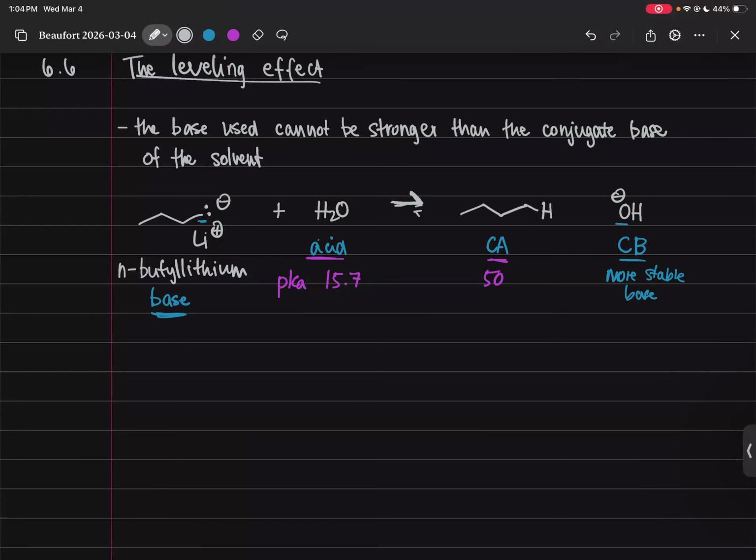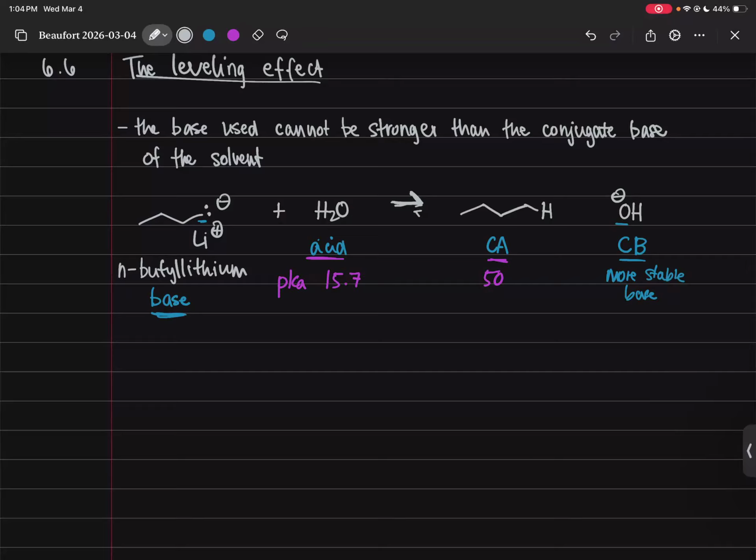So this is a problem because if we want to use n-butyllithium to react with something else in our solution, it's not going to have time to do that, because it's first going to react with our solvent, since the solvent is present in really high concentration because it's literally the solvent. If you add butyllithium to water, well, first of all, it will explode, which is this reaction.